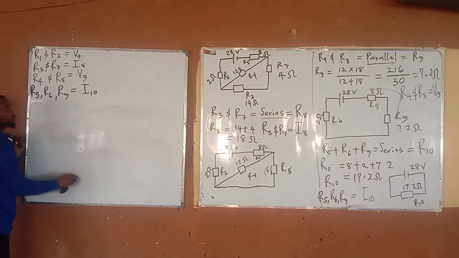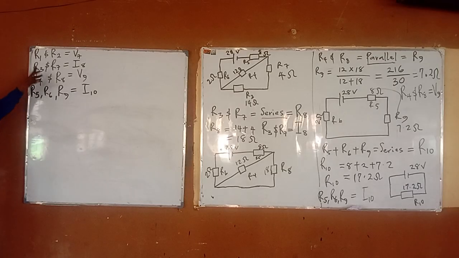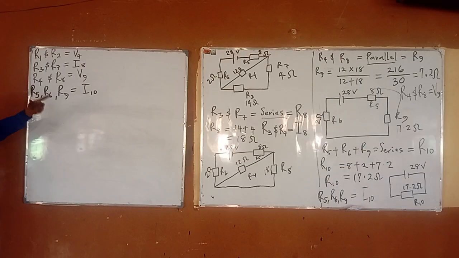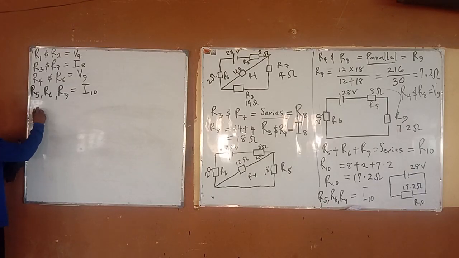So always, once you've noted this thing that I've given you, each resistance combined, be it in parallel or series, gives you a voltage or a new current. If you've noted it just the way we've noted it, you now go back to using the principle that you start from back, the last value, the last combination going upwards. So to find R5 or R9, anyone there is the same.